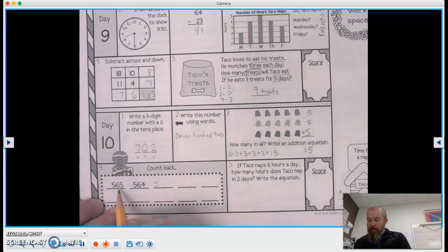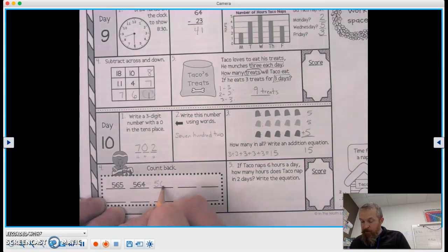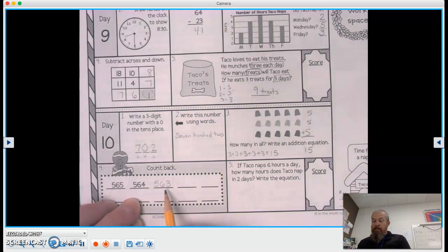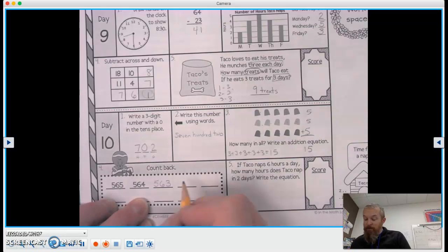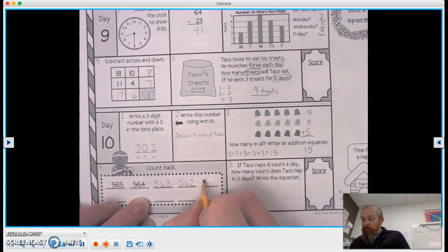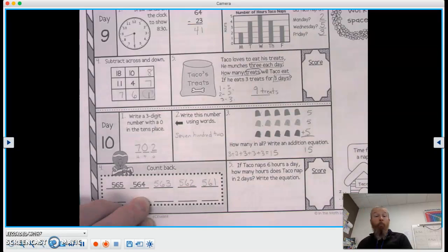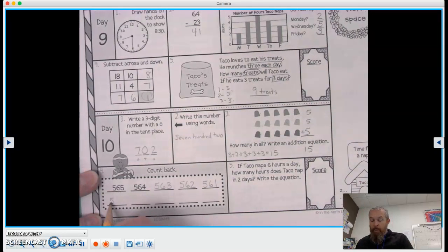So at 565, you have 65, 64, 63, very good. 62, 562, 561, 560.